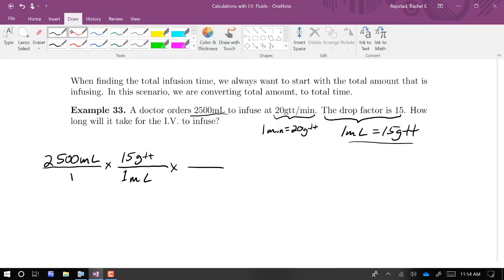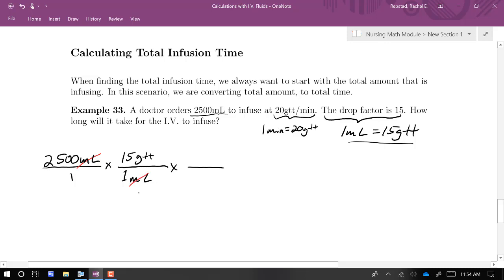Now if I stopped here, I would figure out how many total drops are going to infuse. And, you know, maybe that's an interesting value to find, but maybe not entirely useful. So from drops, now I can use 20 drops per minute, 20 drops equivalent to 1 minute.